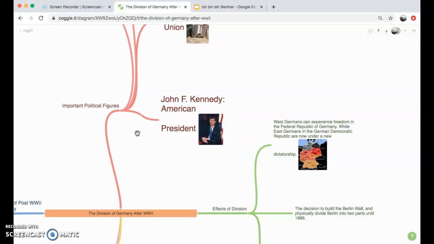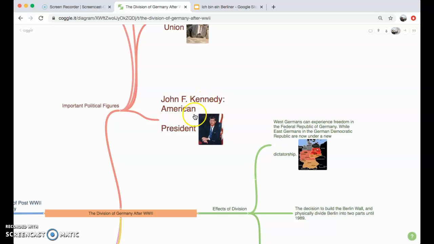Here are some important political figures that we looked at yesterday during our unit on Berlin after World War II and at the beginning of the Cold War.